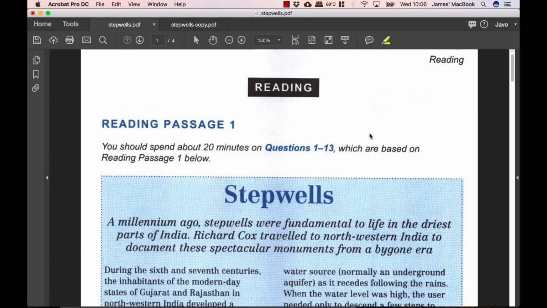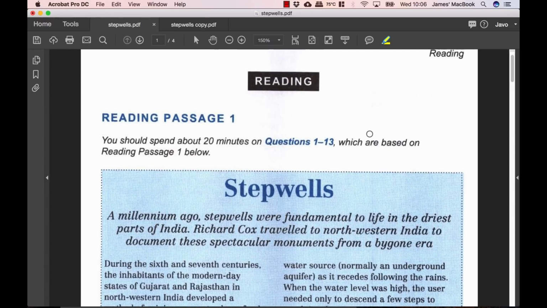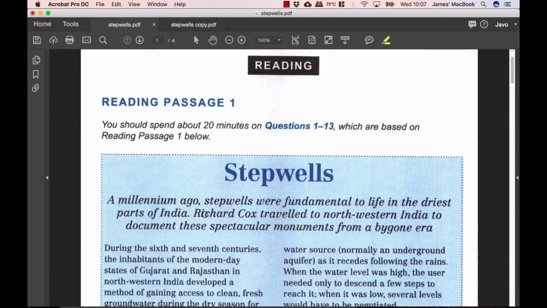Now, another thing I'd like to point out before we start, for those of you who are not aware of it: one thing I like to do before I look at the questions is to have a look at the title, try to make a guess as to what the title might be, and also to look at the subtitle or the first paragraph.